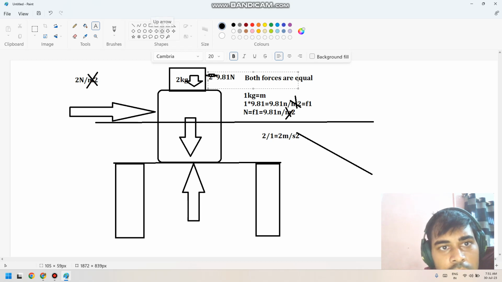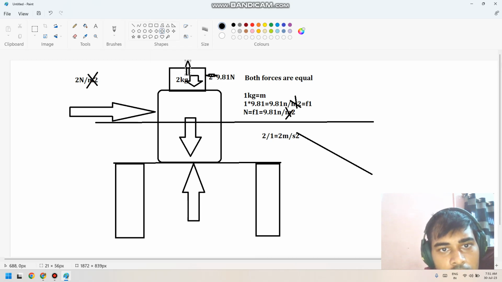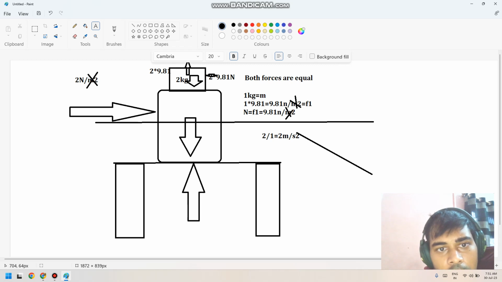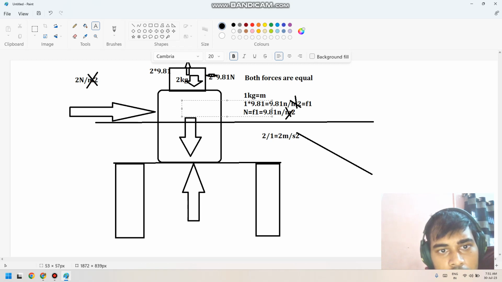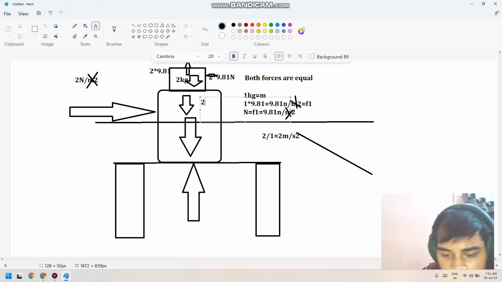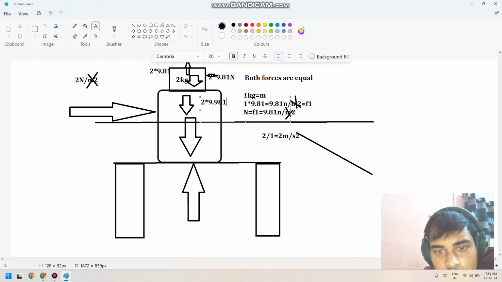And the normal force on this will be equal to 2 multiplied by 9.81. So if gravity is pulling like this and normal is like this, it will also exert normal force on this block. So this will be here. Suppose this is like this, and the amount will also be 2 multiplied by 9.81.